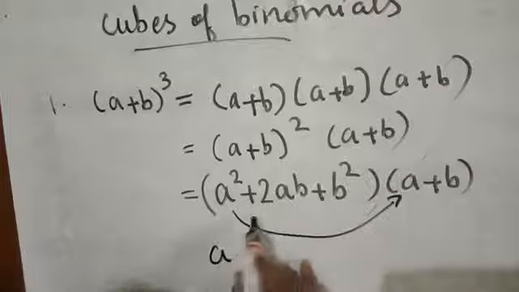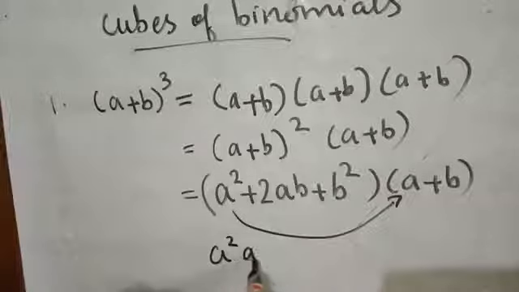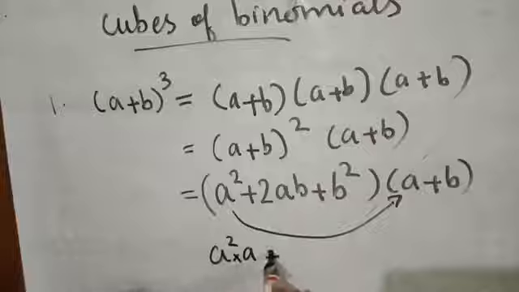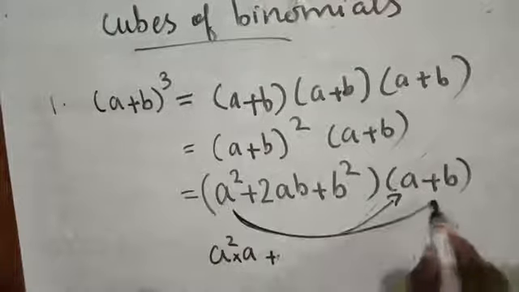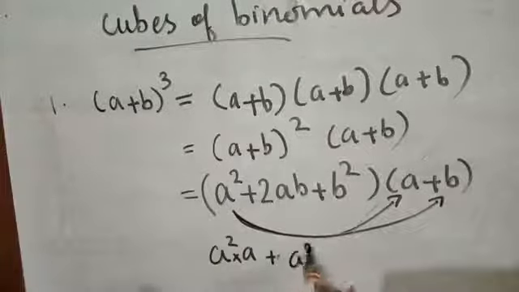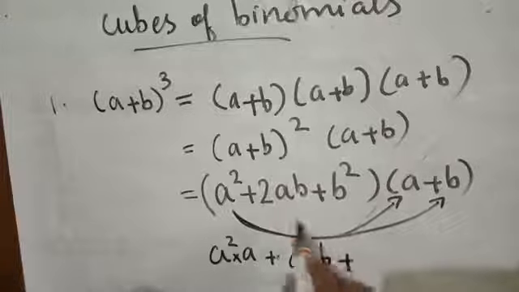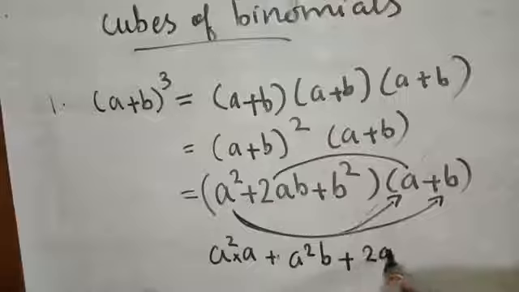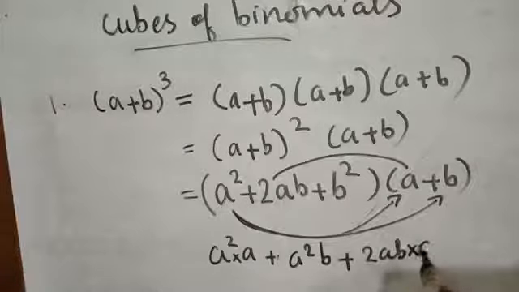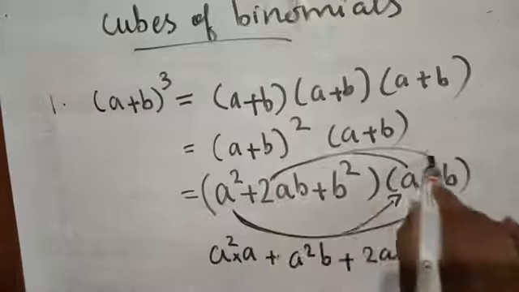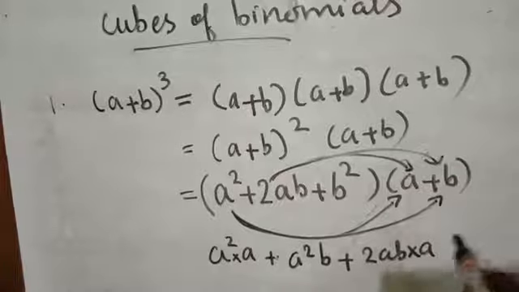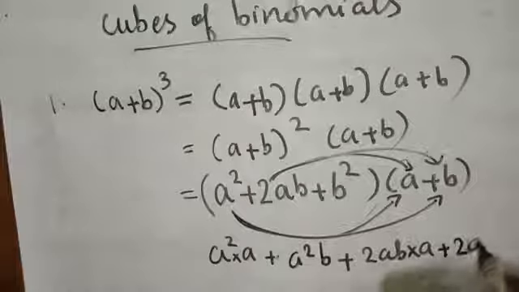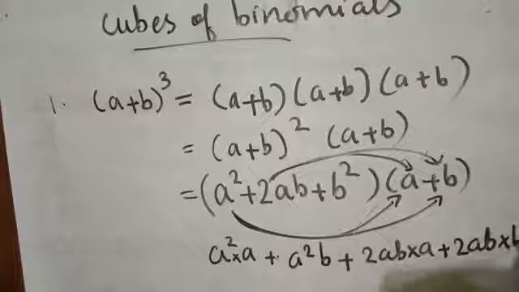A square into a, plus again a square into b, plus, now second term, 2ab into a, again plus 2ab into b.